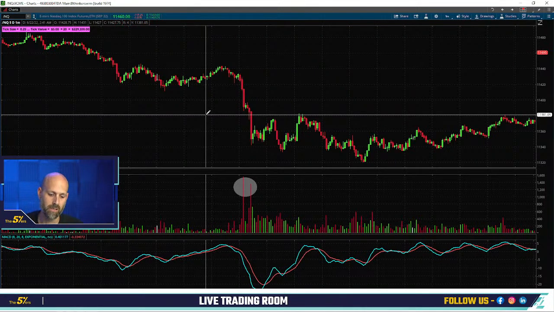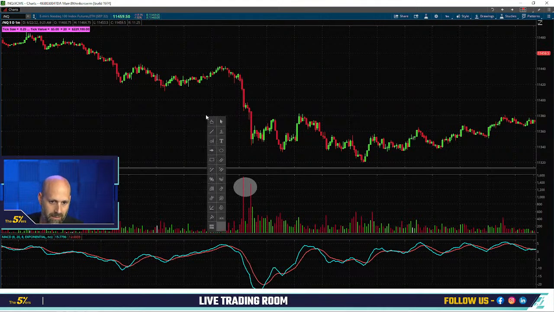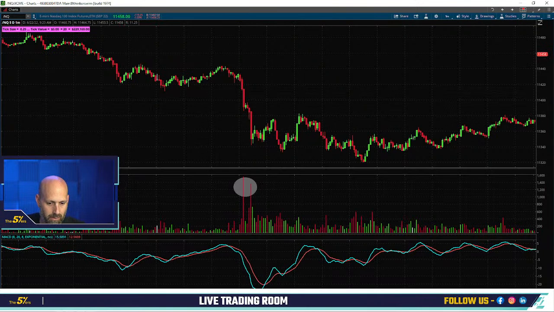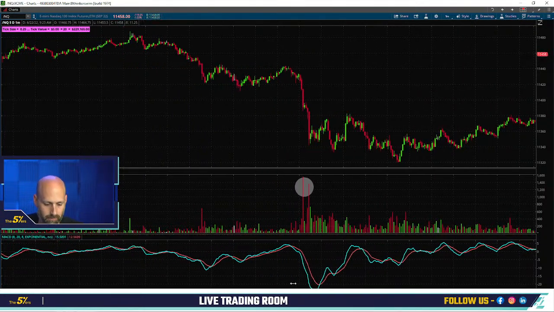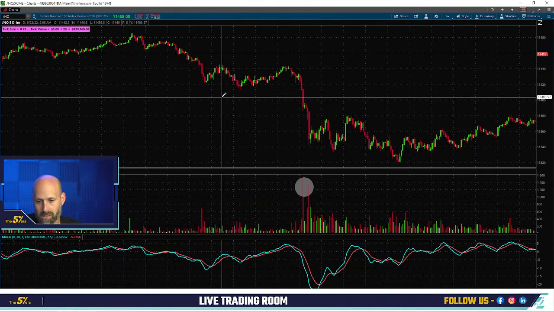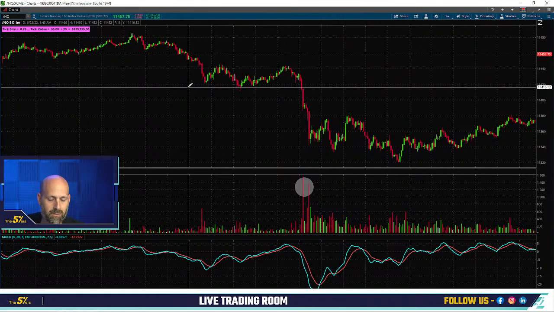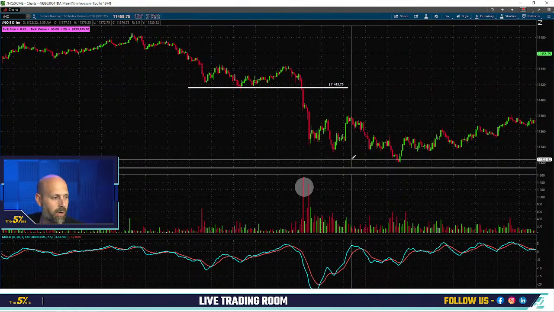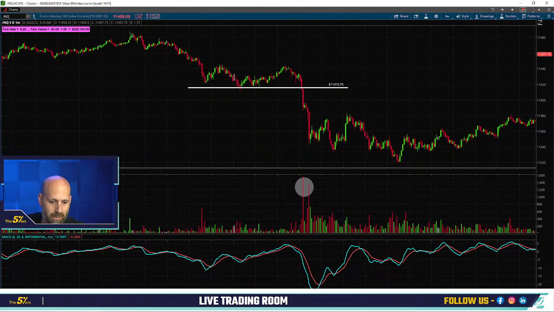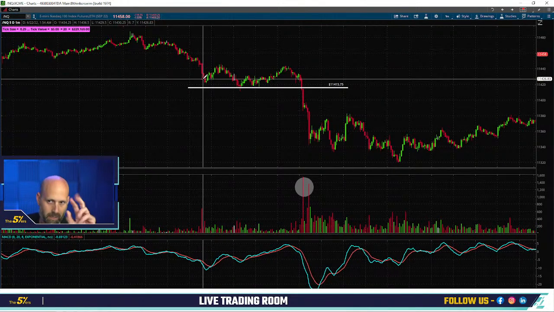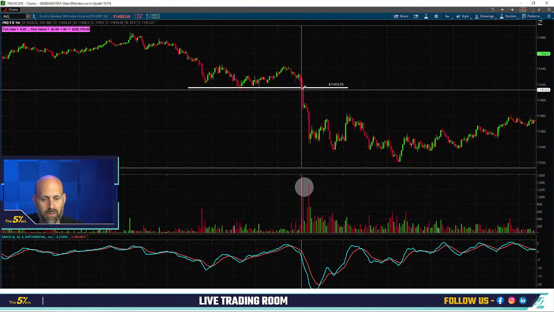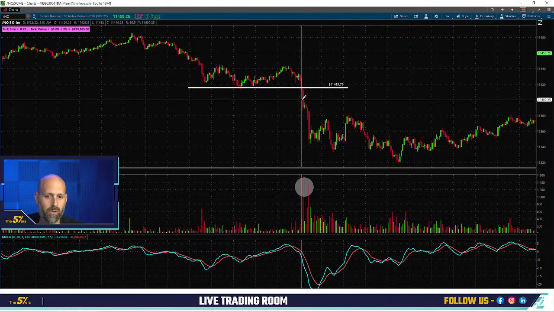When the smart money wants to buy a large amount of contracts, all they have to do is create an illusion that the price will continue to drop even more. So they create a major support level, major on a 1 minute chart, and they break through it with high volume.